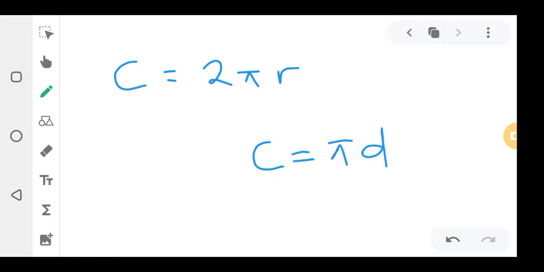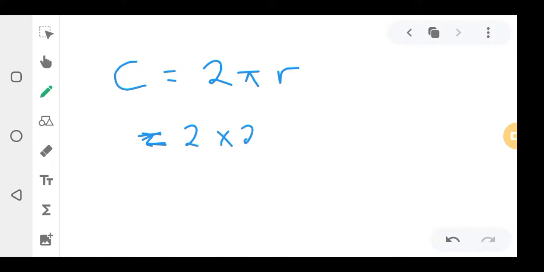Because we don't have the diameter now. We have got the radius. So the one you use is the one I've written. So times 2 times pi, it is 22/7 times the radius there, which we got is 4.